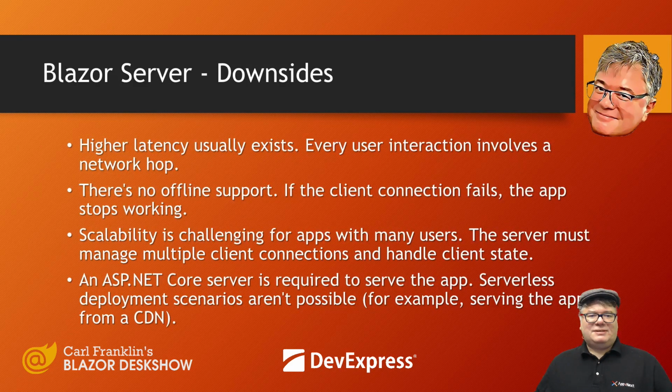So that is important to some. If your client's internet goes down, their app stops working. And then scalability is a challenge, as I mentioned in the last slide. You have to worry about that. Also, you do need an ASP.NET Core server to run this. You can't just take the static files like you can do with a WebAssembly application and ship it off on a CDN.